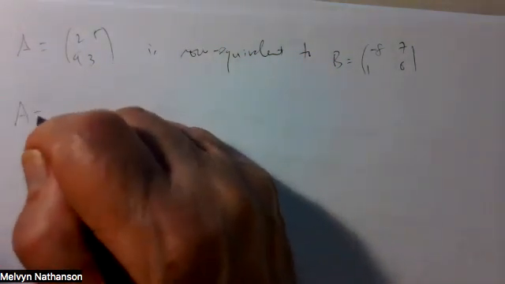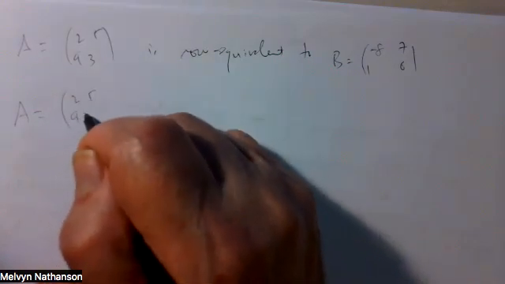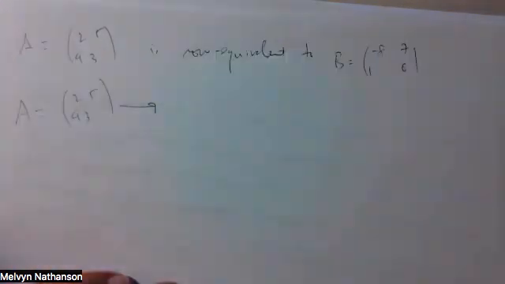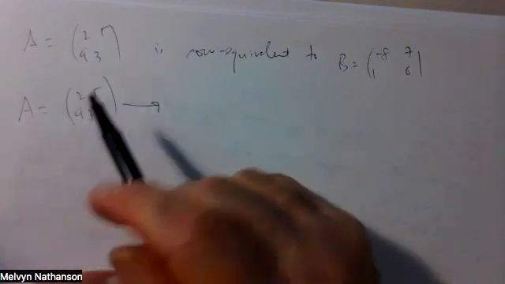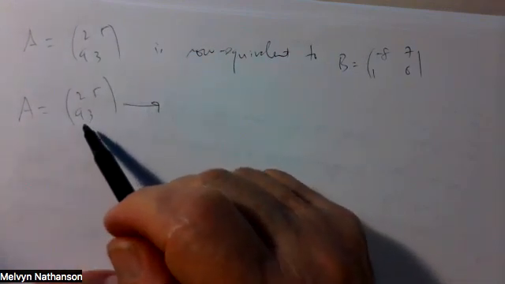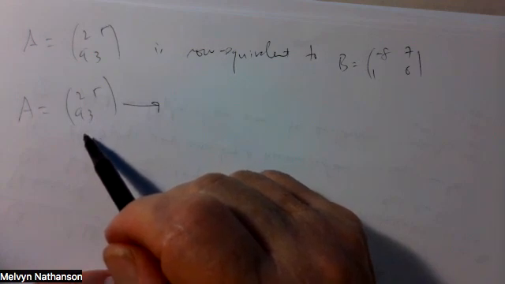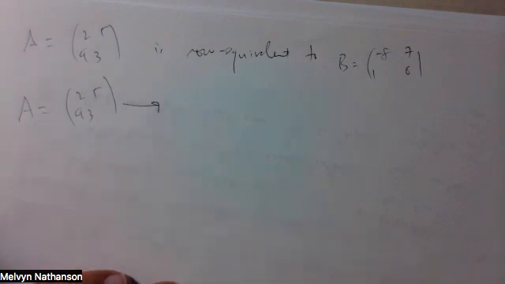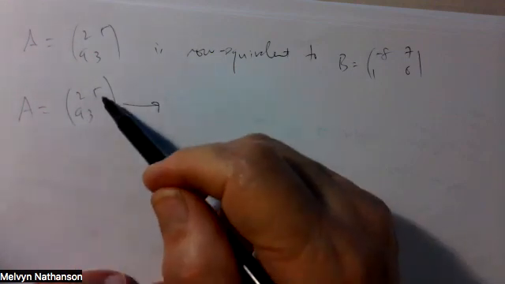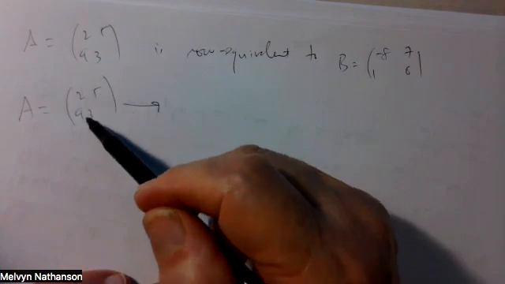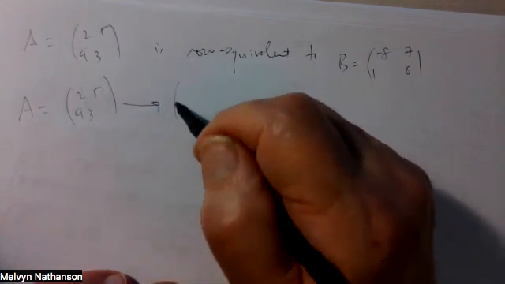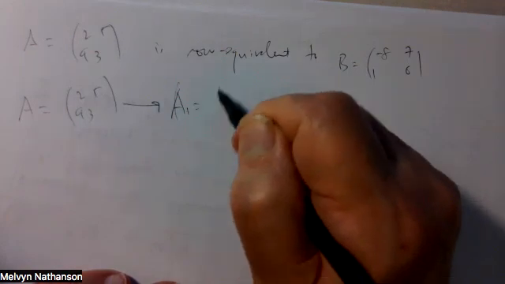So let's see, suppose A is 2, 5, 9, 3. And then I add minus 4 times the first row to the second row. So this will give me a matrix, I'll call it A1.